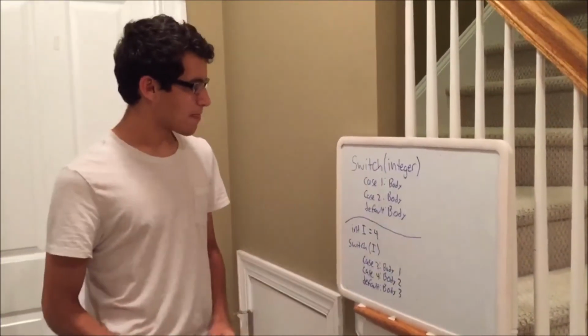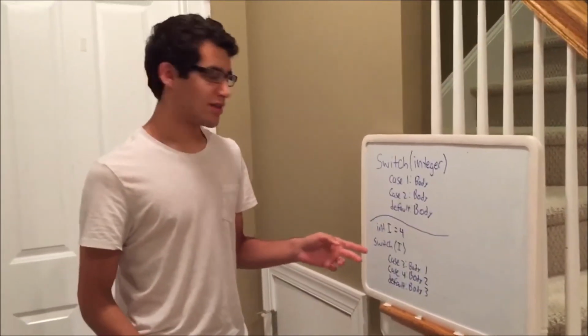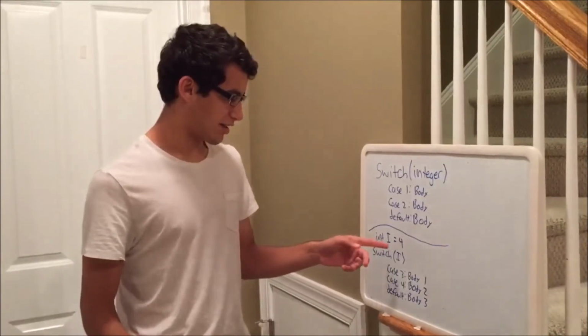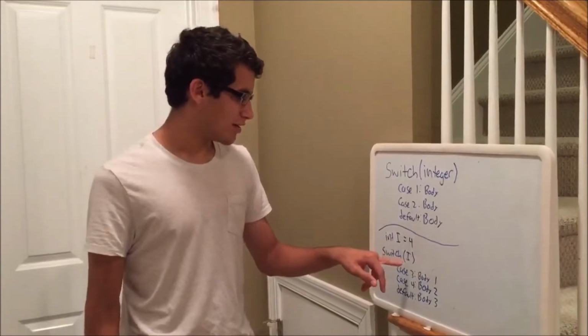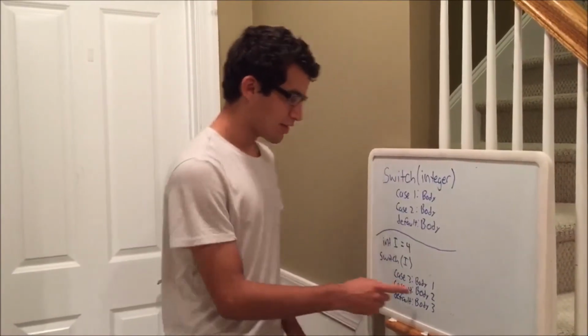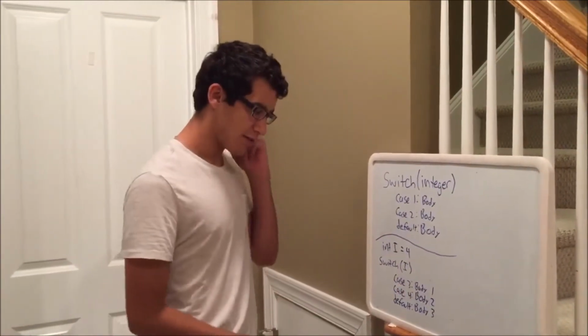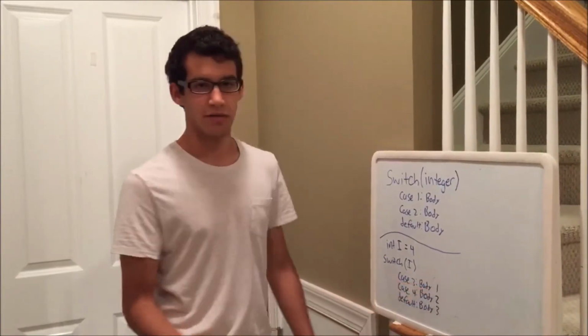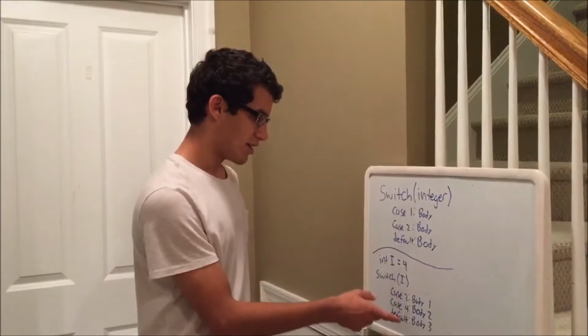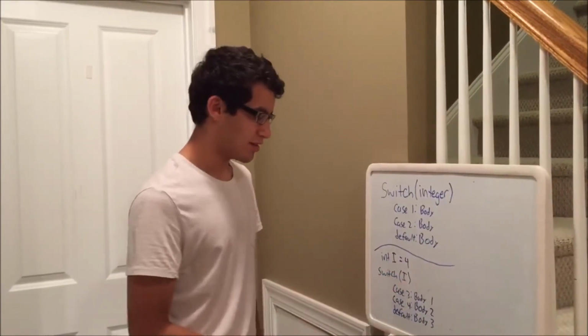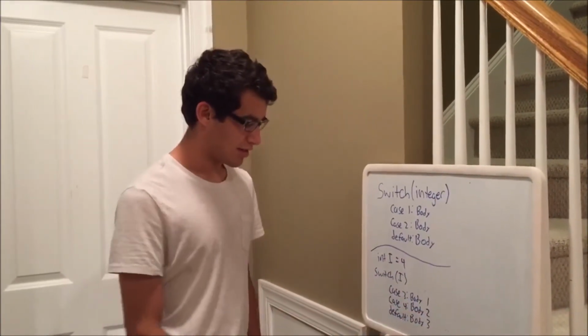For example, if we declare an integer i to be equal to 4, and then we put that variable i into a switch statement, it will look at the different cases which you have to define. Case 3 would execute body 1. So it goes to case 4, and it checks that that is indeed the integer. Then it'll execute body 2.